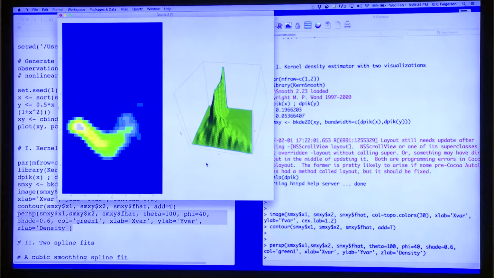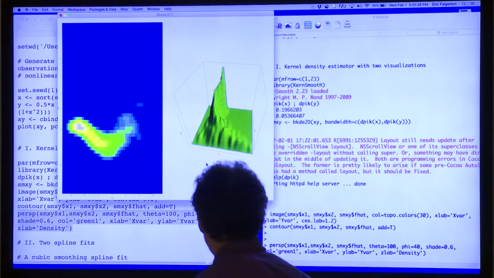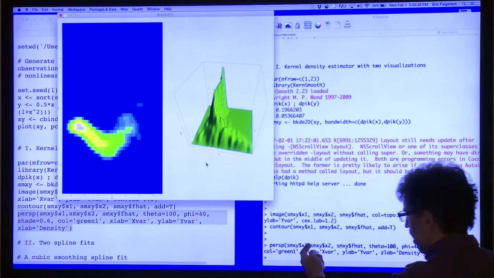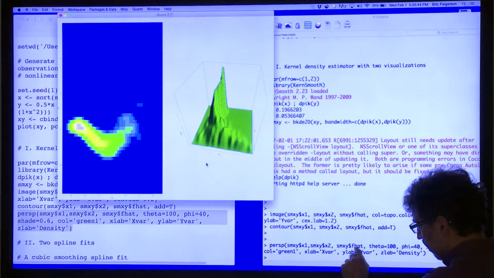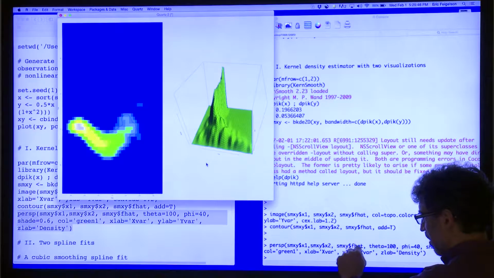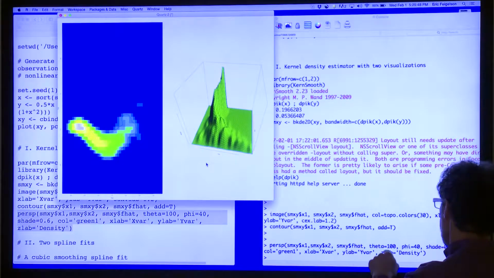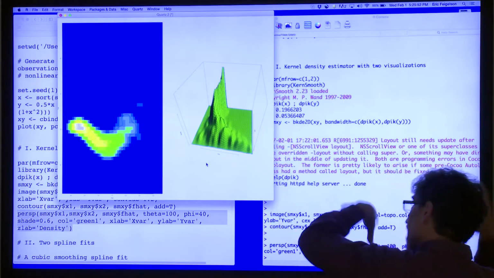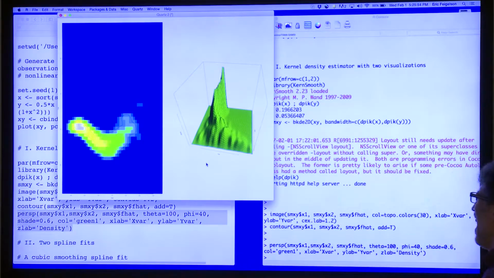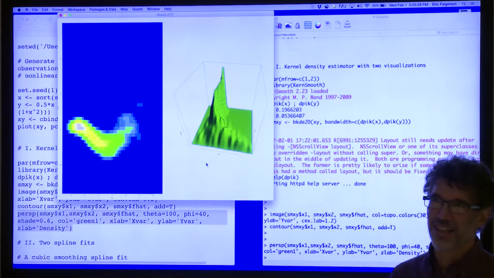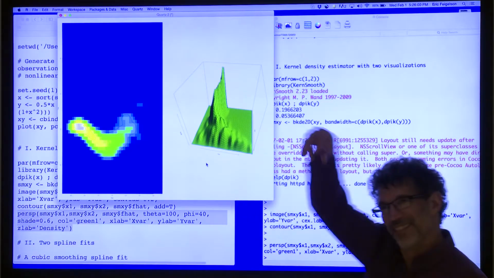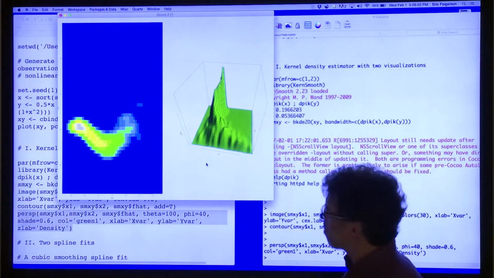The perspective plot has the output from the smoother: this is the x, that's the y, and this is f hat, the actual estimated value of the smoother. But you have to specify an angle this way, an angle that way, where the sun is, the shading, and a color. And it comes out really nice if you do a good job. So I fiddled with my angles so that it looks pretty.